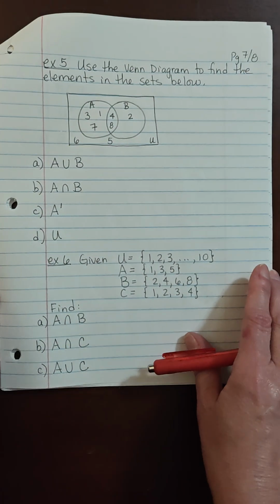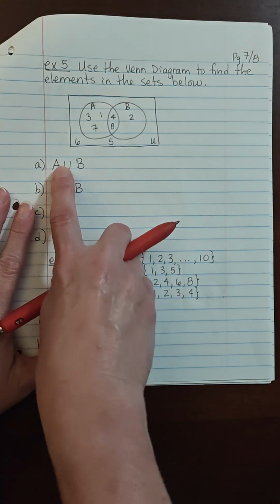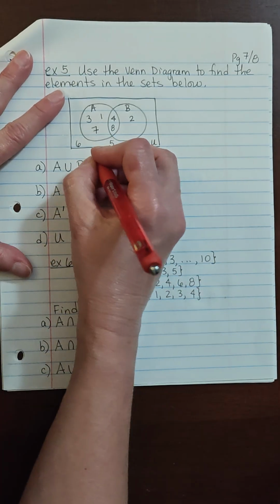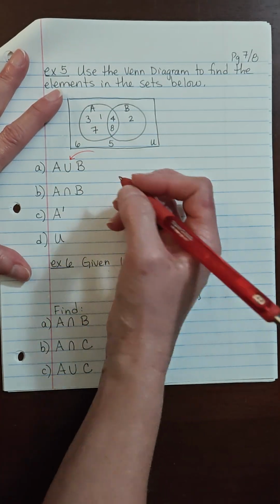Okay, so let's look at a specific example here. We're going to use the Venn diagram to find the elements in the sets below. A union B. Remember, union is one or the other or both.